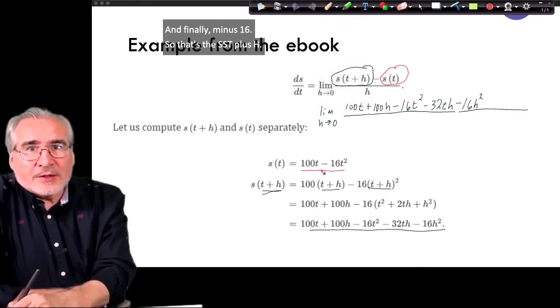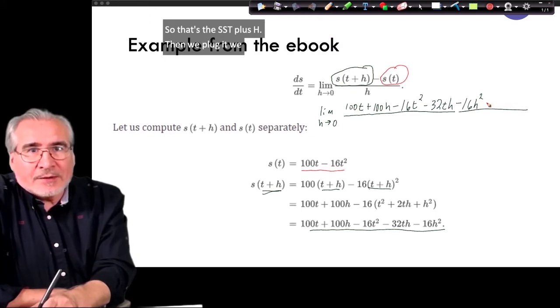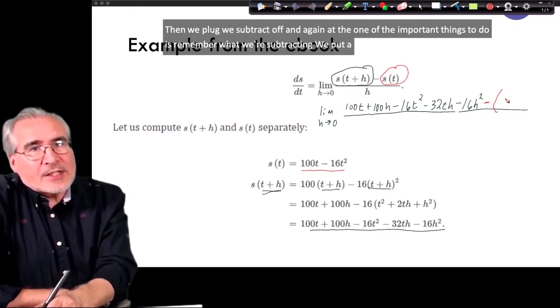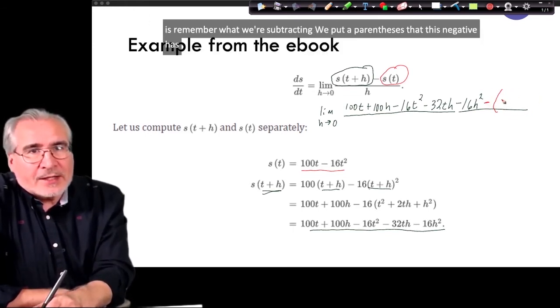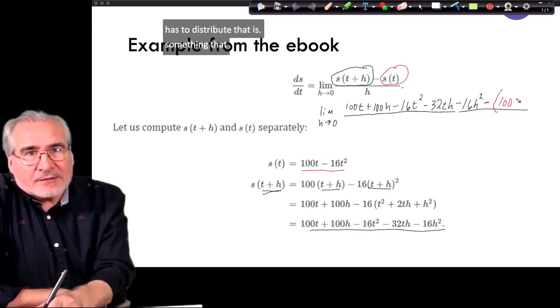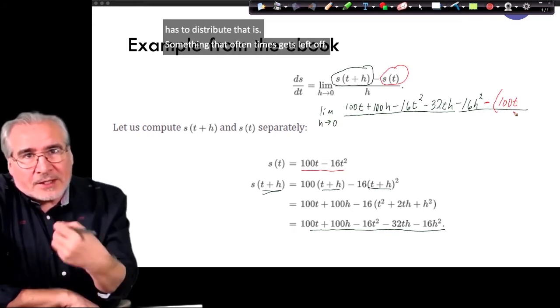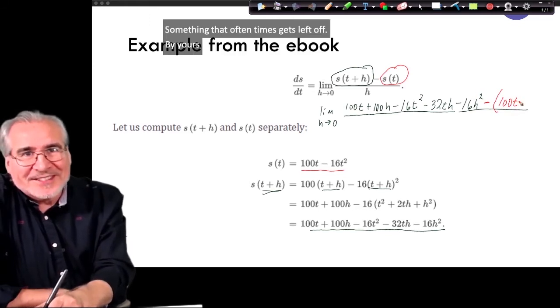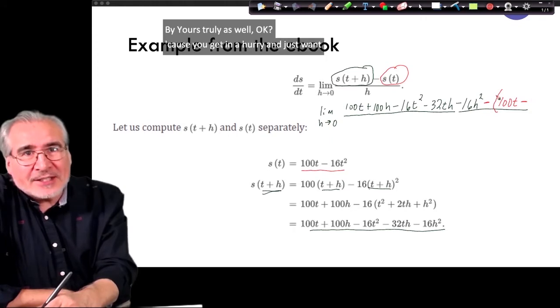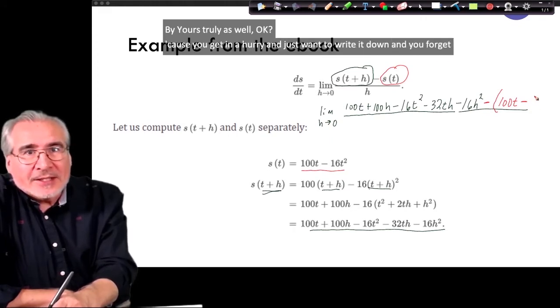Then we plug in, we subtract off, and again, one of the important things to do is remember when we're subtracting, we put parentheses because this negative has to distribute. That is something that oftentimes gets left off by yours truly as well. Because you get in a hurry and just want to write it down and you forget to distribute it through.